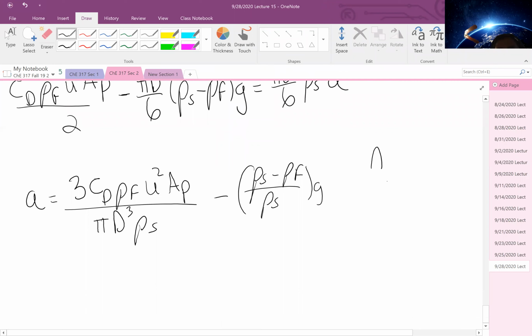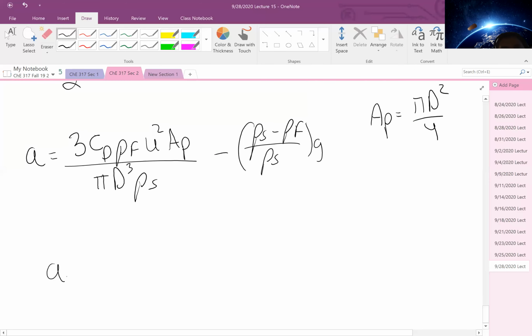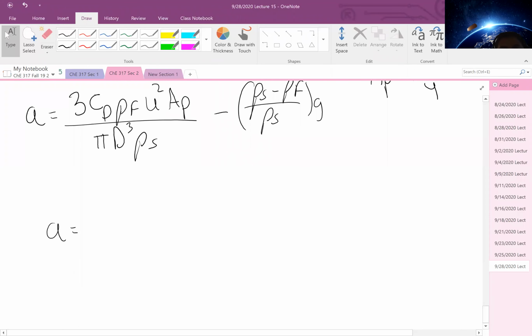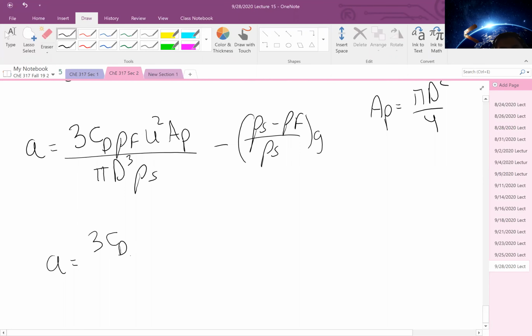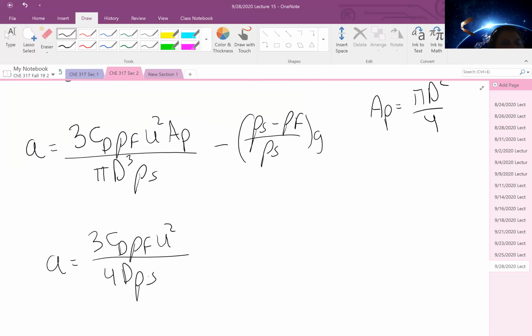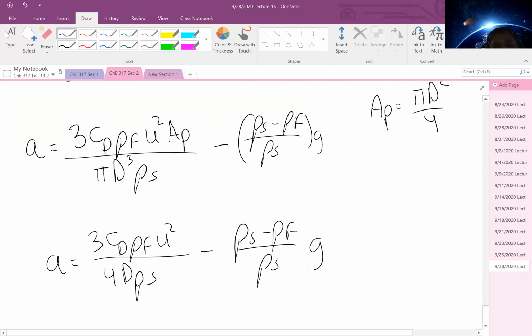Now, if I remember the projected area as pi d squared over 4, I can then rewrite a as 3 times C_D times rho_f U squared divided by 4 d rho_s, minus (rho_s minus rho_f) over rho_s times g.